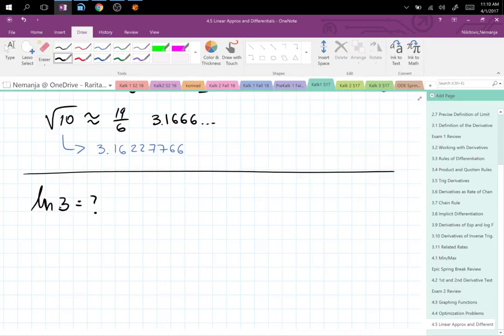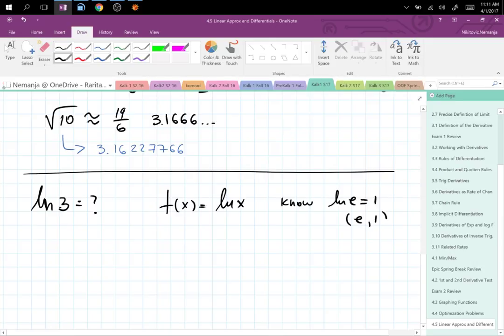Okay, so the associated function is ln x. The cool value we know is that ln of e is 1. So the point is e comma 1. To find the tangent line, we find the first derivative, which is 1 over x, which means the slope is 1 over e.